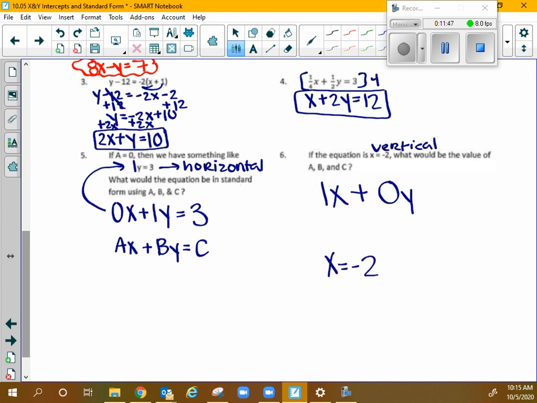What is the invisible coefficient? What is the coefficient of x? 1. If there's nothing there, it's a 1. Equals, what's your constant? -2. When I said the c is the constant, right, your constant is the number. It's not being multiplied by anything. So it's always going to be just on the other side.